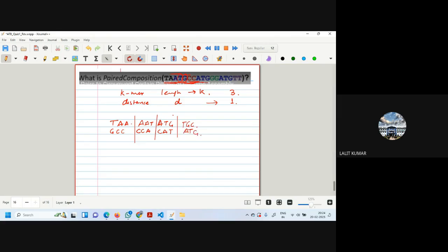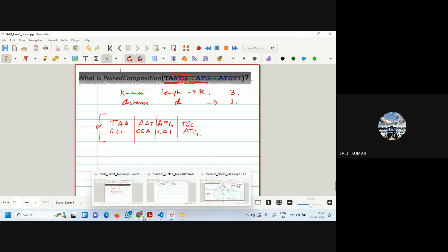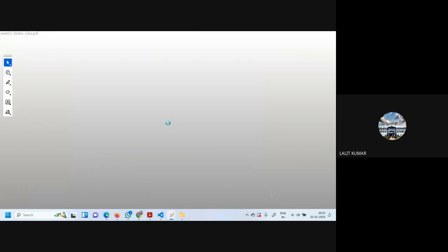Before solving this, I will first cover how we build the graph in the Eulerian case. Is that okay? In a similar fashion, we build this graph. So we take an example from week 3 only.